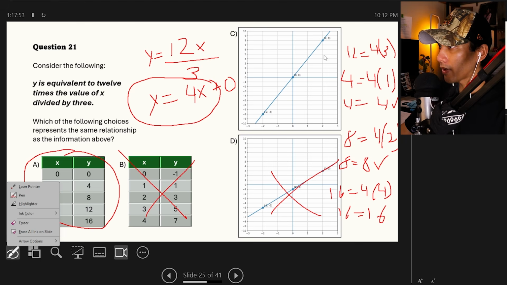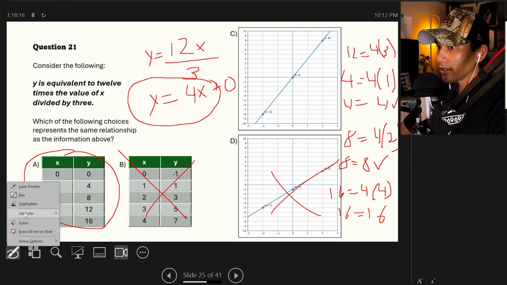What we could do is find 2 points, find the slope, or find the 2 points and then find the slope. So we could just find the slope from here, actually. So let's just go from here to here. So if we count the rise over run, 1, 2, 3, 4, 5, 6, 7, 8.